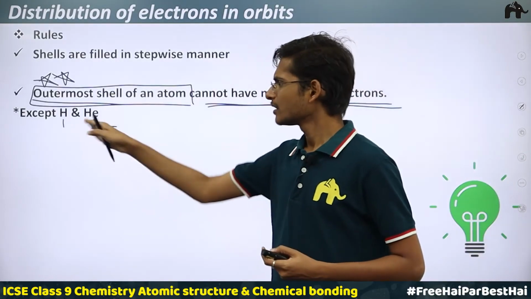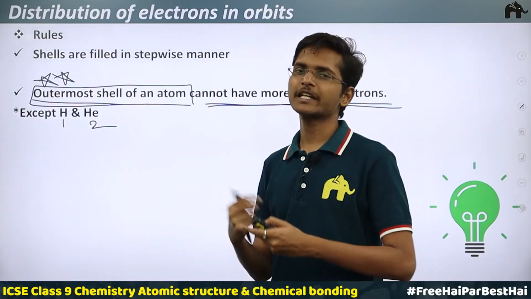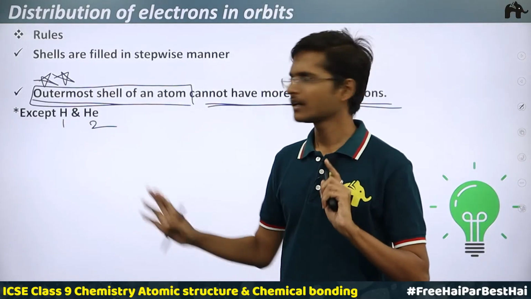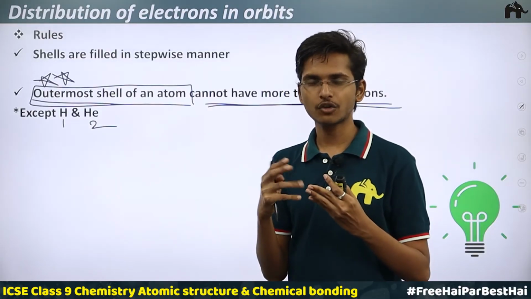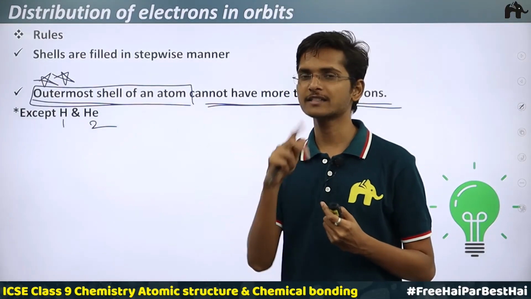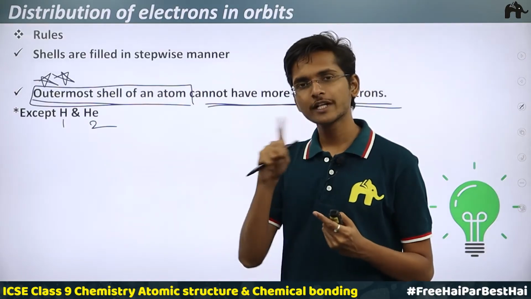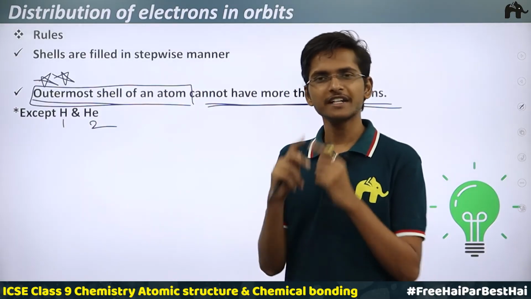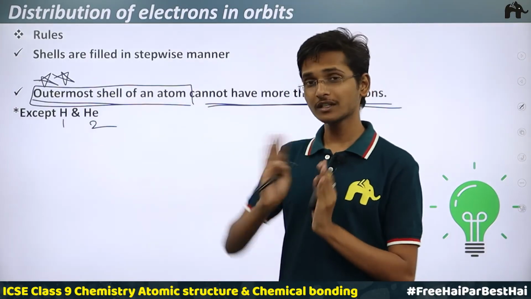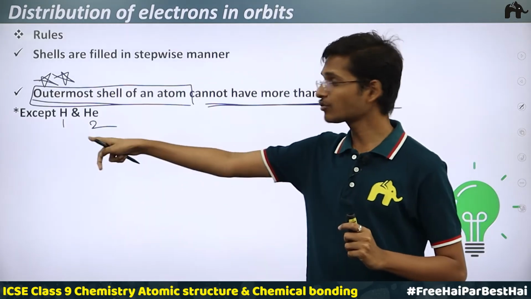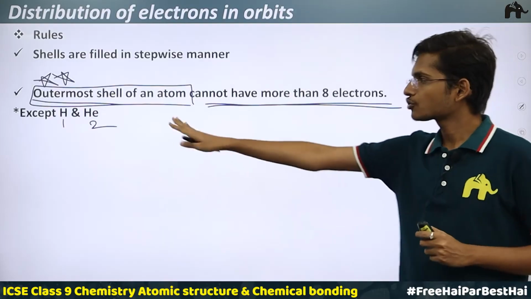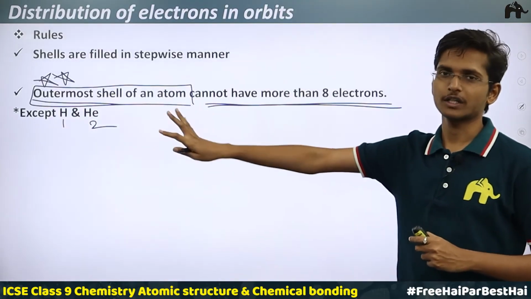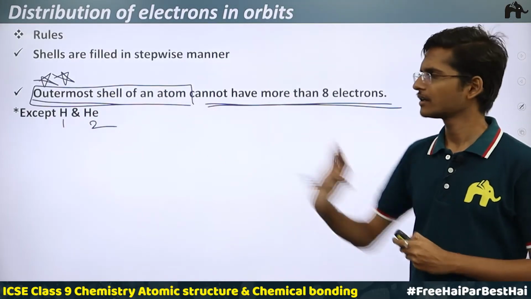Hydrogen has 1 electron, but it craves 1 more, and it gets that 1 extra electron, so it now has a total of 2 electrons. Those 2 electrons are accommodated in the first shell itself, and its first shell is the outermost shell. So here you cannot apply the rule that the outermost shell cannot have more than 8 electrons, as there is no chance of having more than 8 electrons. It's simple logic.